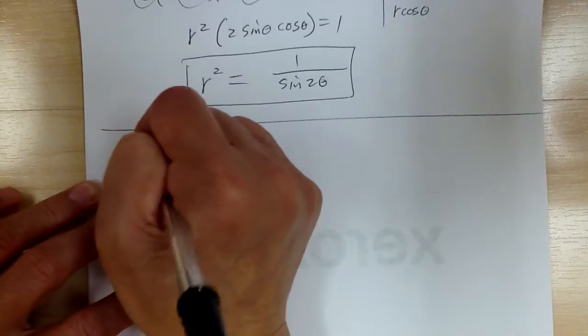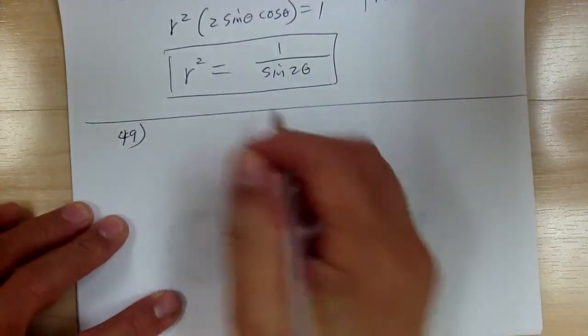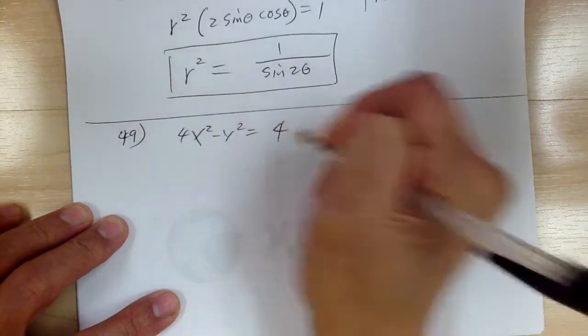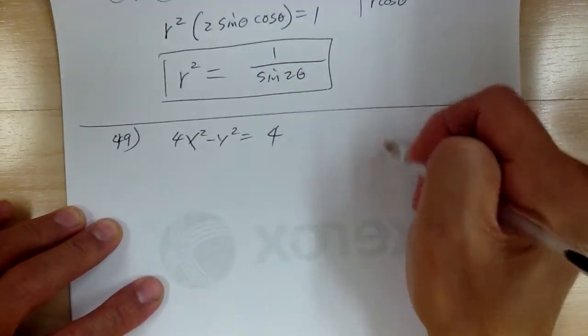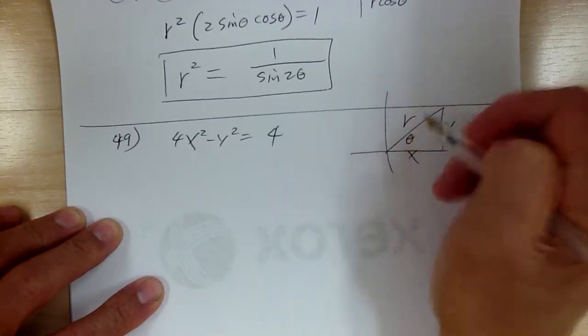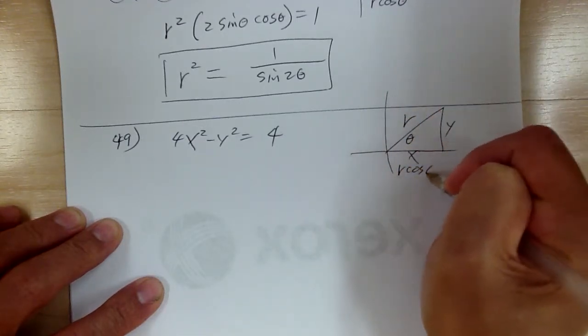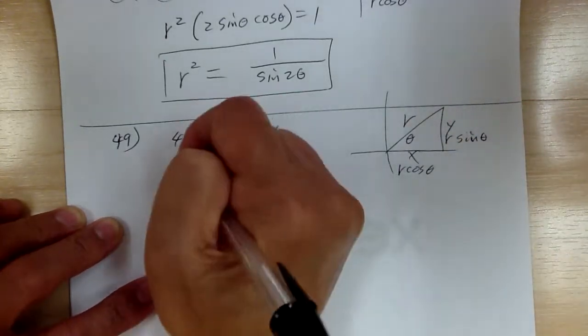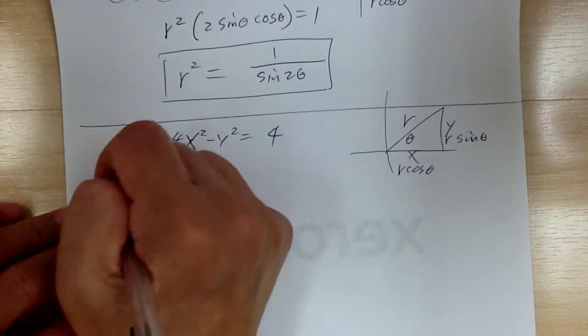Let's go to 49. You have 4x squared minus y squared equal to 4. Again, remember this picture: x, y, r, theta, r cosine theta, r sine theta. This one you can substitute directly.